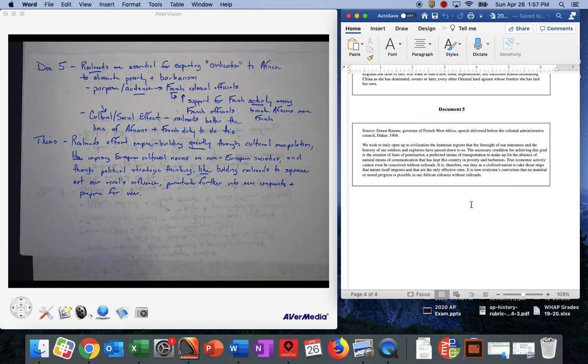So I know that's a pretty complex thesis. You might not need to go into as much detail as I did, but that's a really good example of a thesis, if I don't mind saying so.